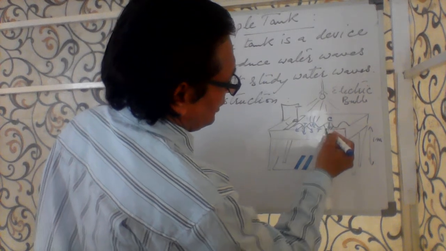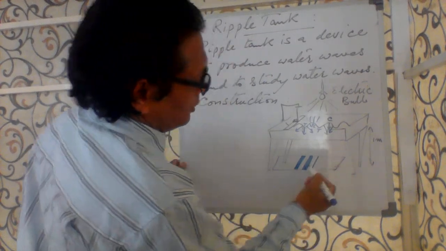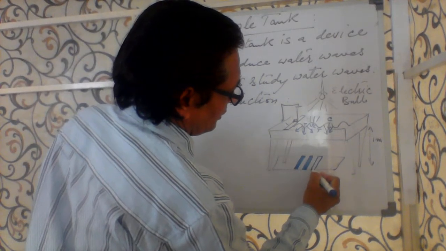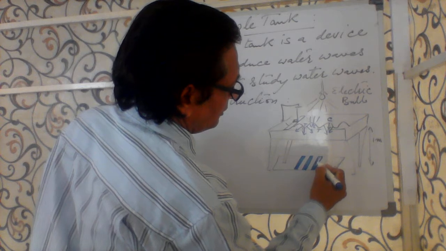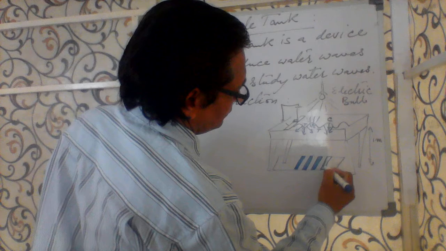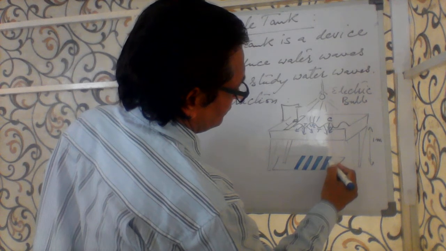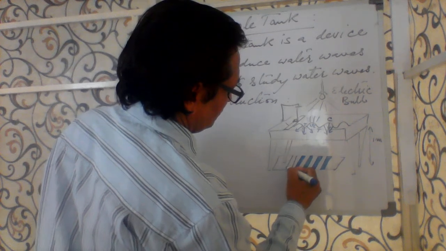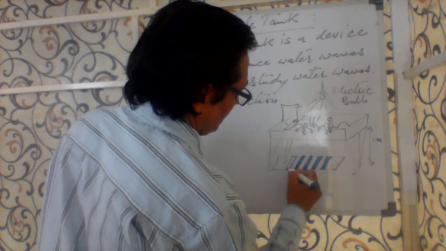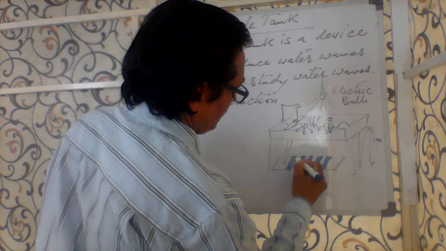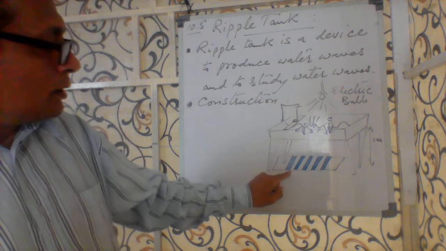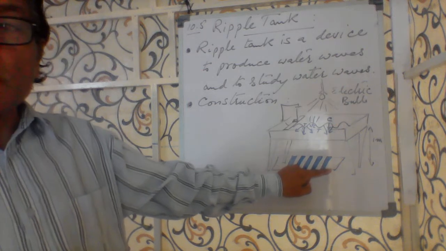Again under the crest, bright fringe, and here again dark fringe. So we get a pattern. So we get dark and bright fringes.